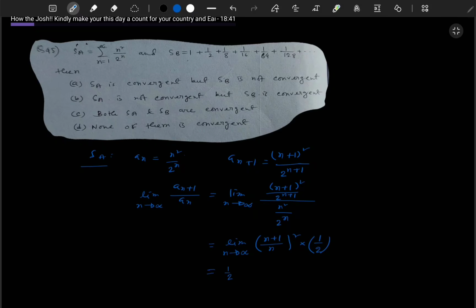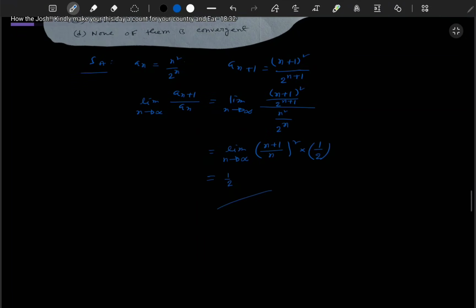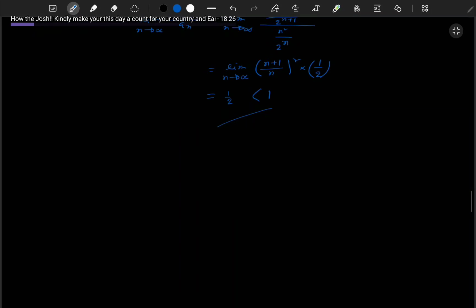Just 1 by 2. So it is convergent. Okay, ratio test we have done. Then one ratio test and then the next one.